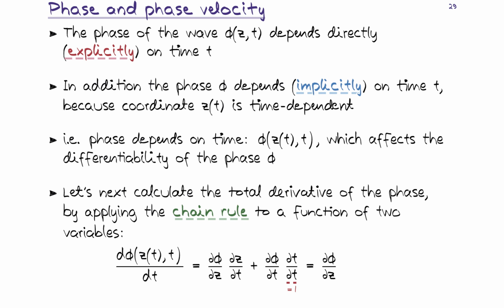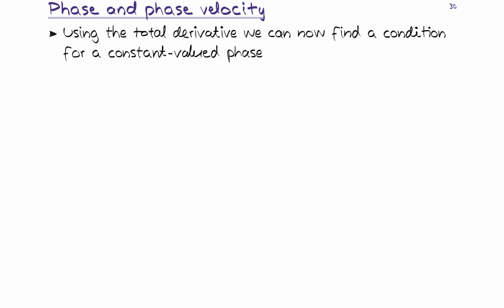And what we are left with is the partial derivative of phi over z times the partial derivative of z over time plus the partial derivative of phi over time. So this is the total derivative of phi, the phase function, with respect to time. And now, since we are calculating the total derivative, we can find a condition that ensures that the phase remains constant valued.